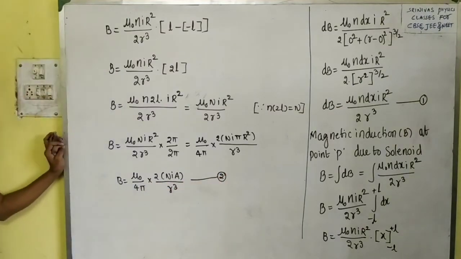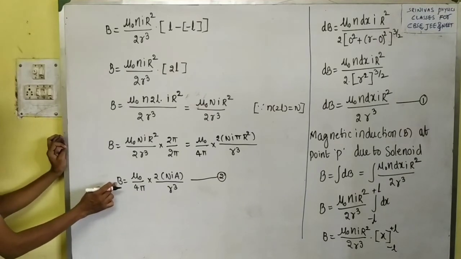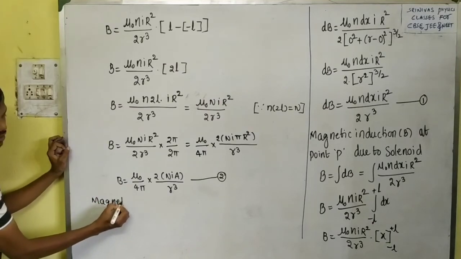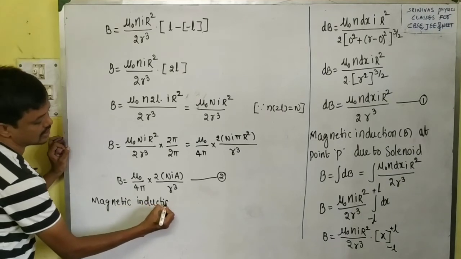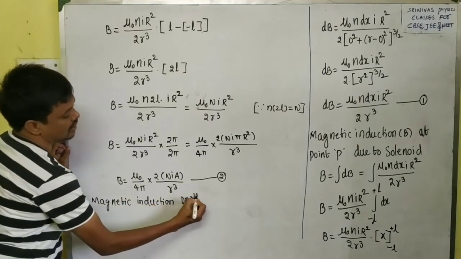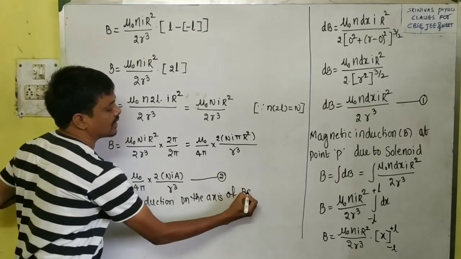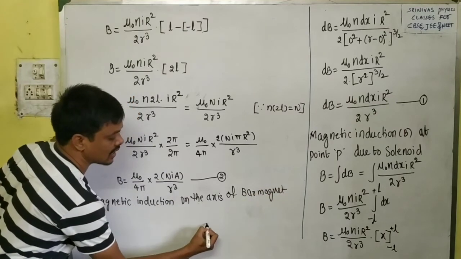This is the magnetic induction on the axis of the solenoid. Now the magnetic induction on the axis of a bar magnet.